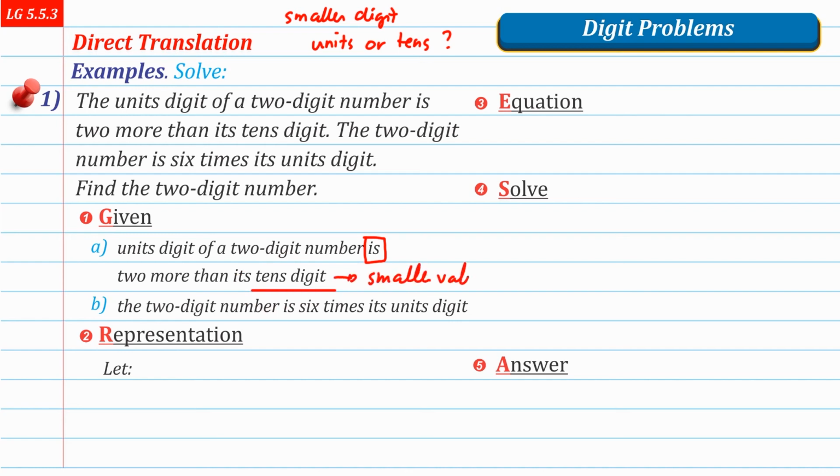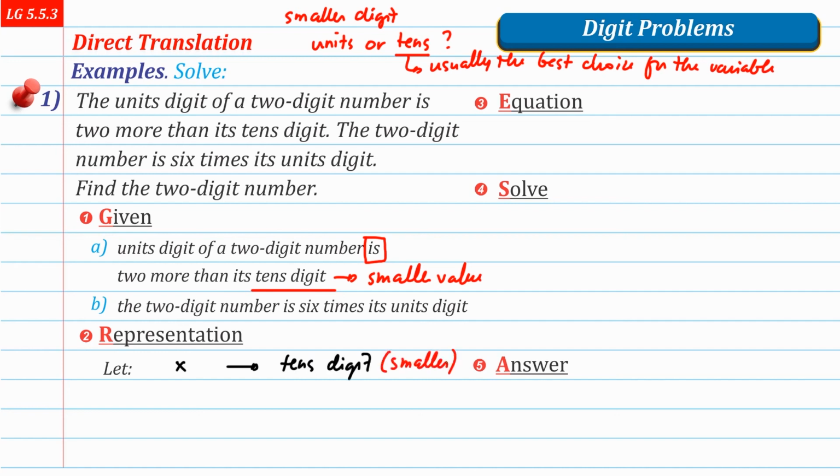Bakit importanteng smaller digit? Kasi this is the best choice for the variable. So, ang gagawin natin, let x be our tens digit. Yan kasi yung smaller. So, that means, ano po ang ating ones or units digit?